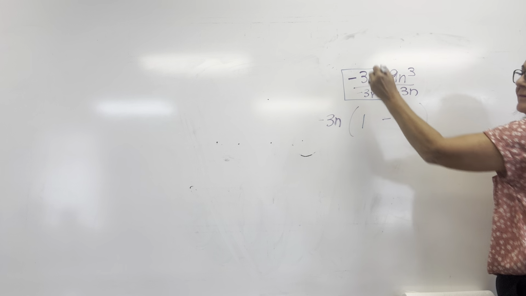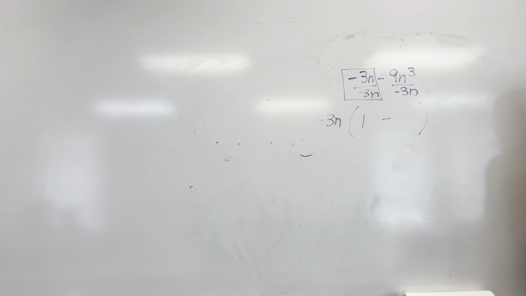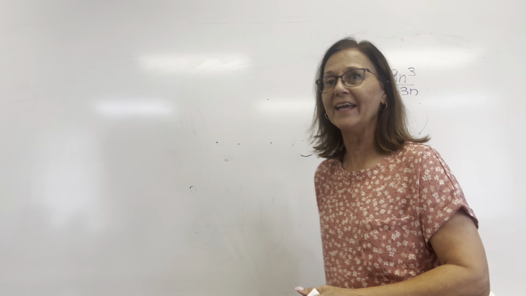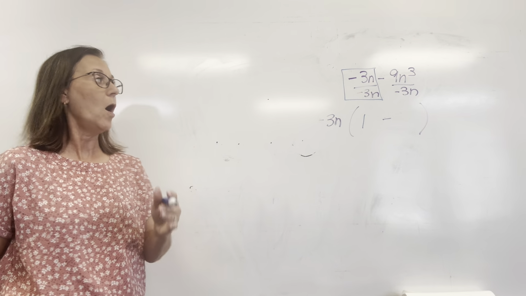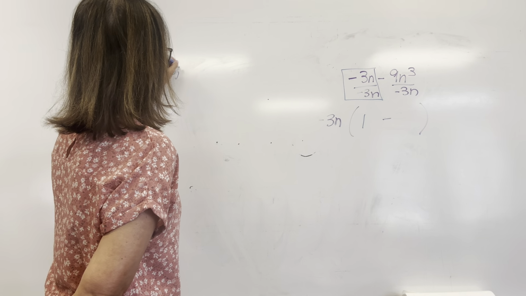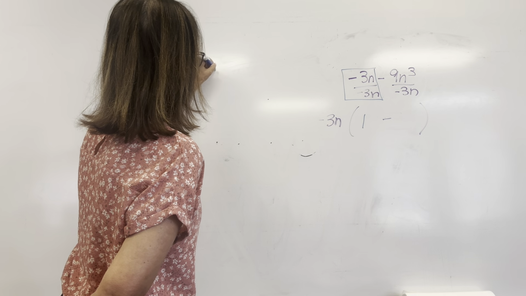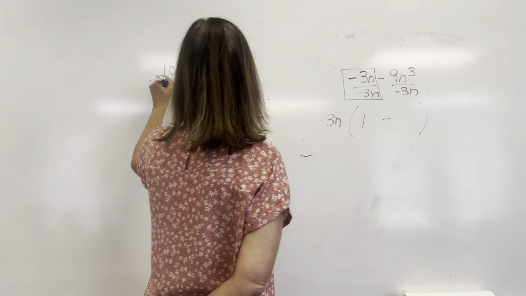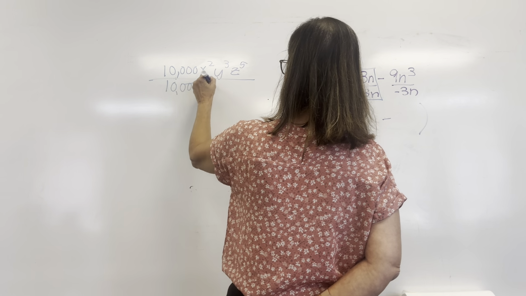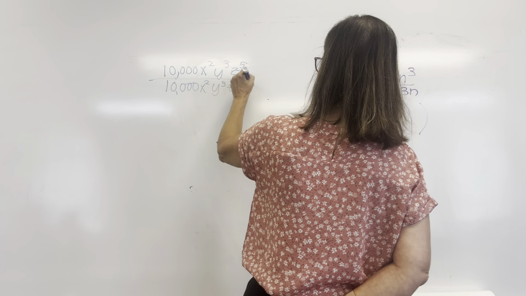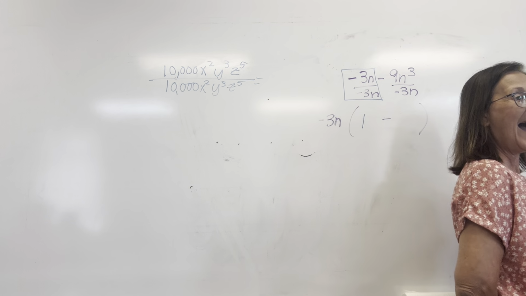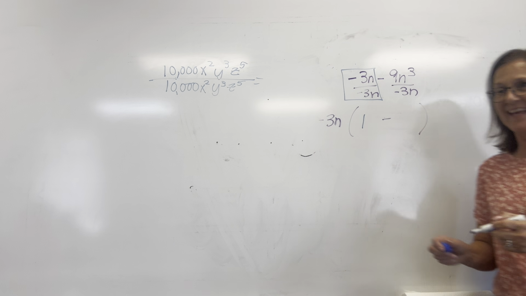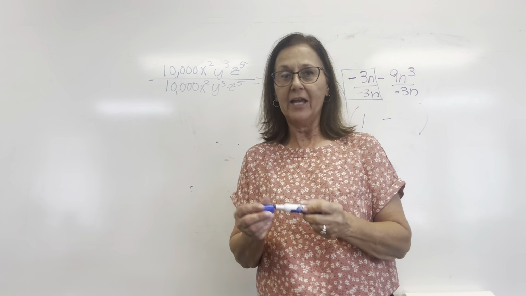Right here. Negative 3n over negative 3n. Anything over itself is 1. That equals 1. Anything over itself equals 1.